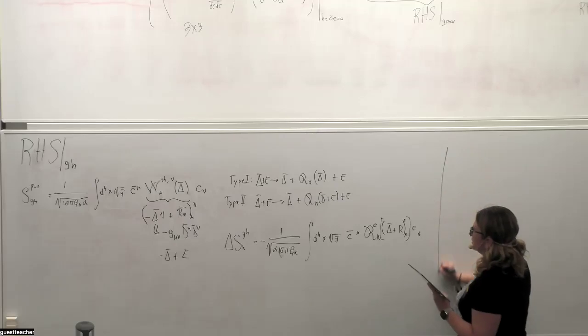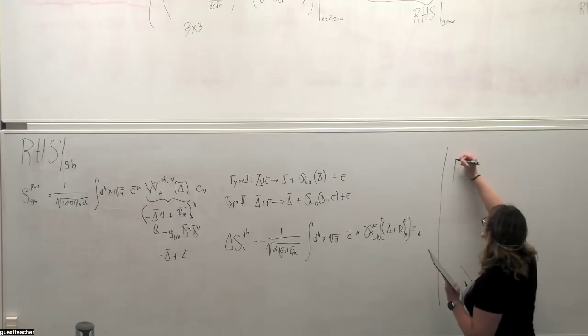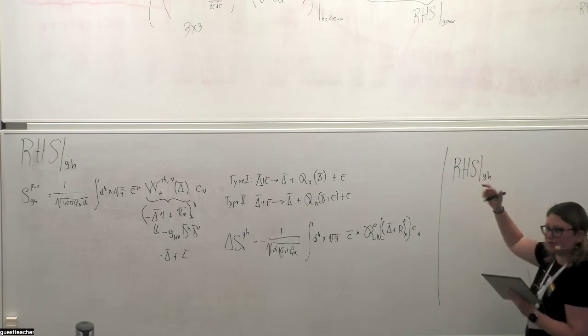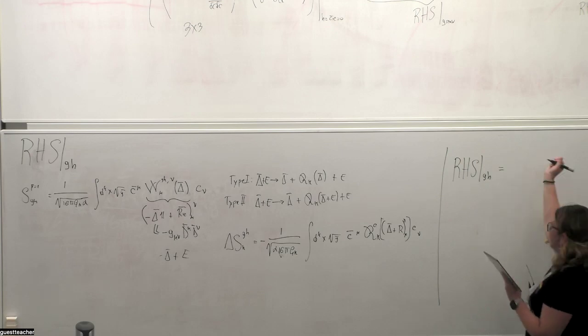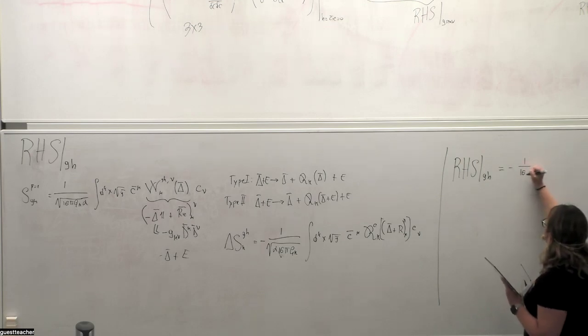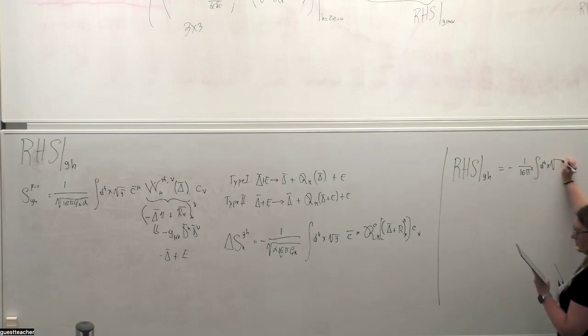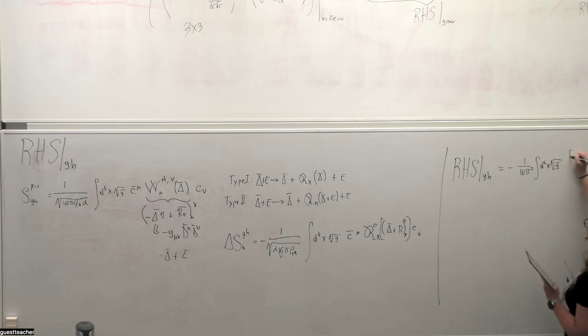Let me write this down here. So now the right hand side for the ghost, after one has evaluated the trace, is something like this: 1 minus 16 pi squared before x, g bar.